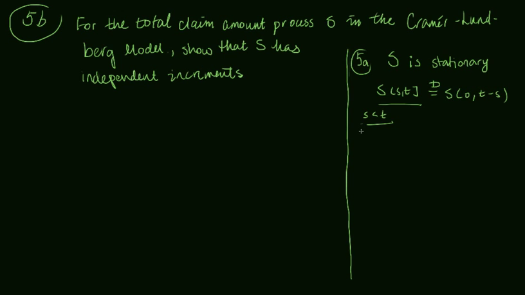As long as the time interval we're looking at has a fixed length, the total claim amount will have the same distribution over that interval, no matter if we're looking at it in the beginning of time or somewhere further along the time axis. And that is also a characteristic of the homogeneous Poisson process, which drives the claim number process beneath the Cramér-Lundberg model. So in 5b, we want to show that S has independent increments.